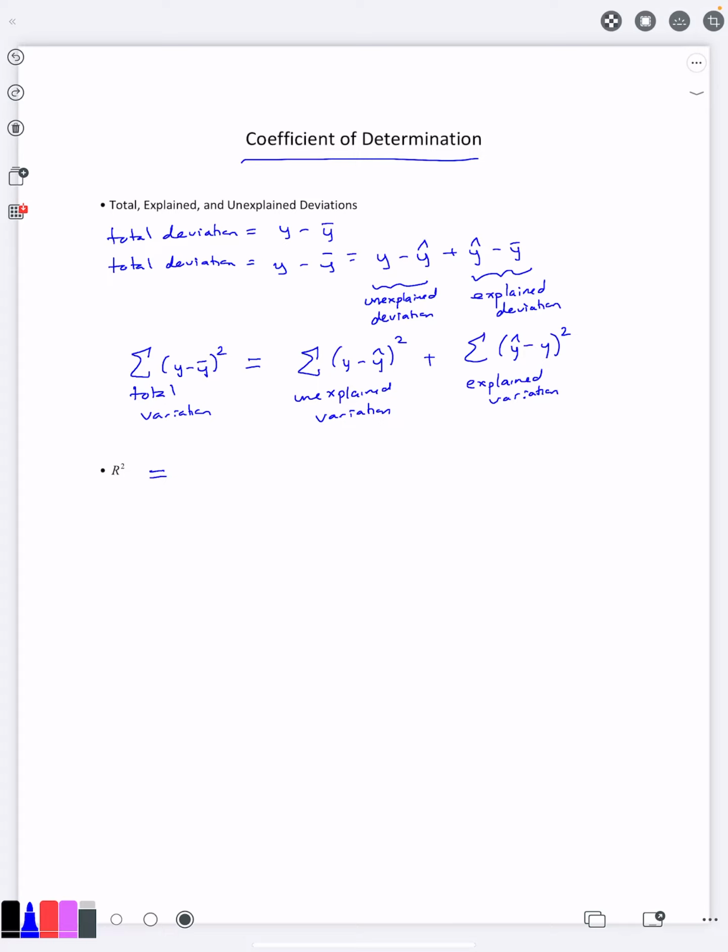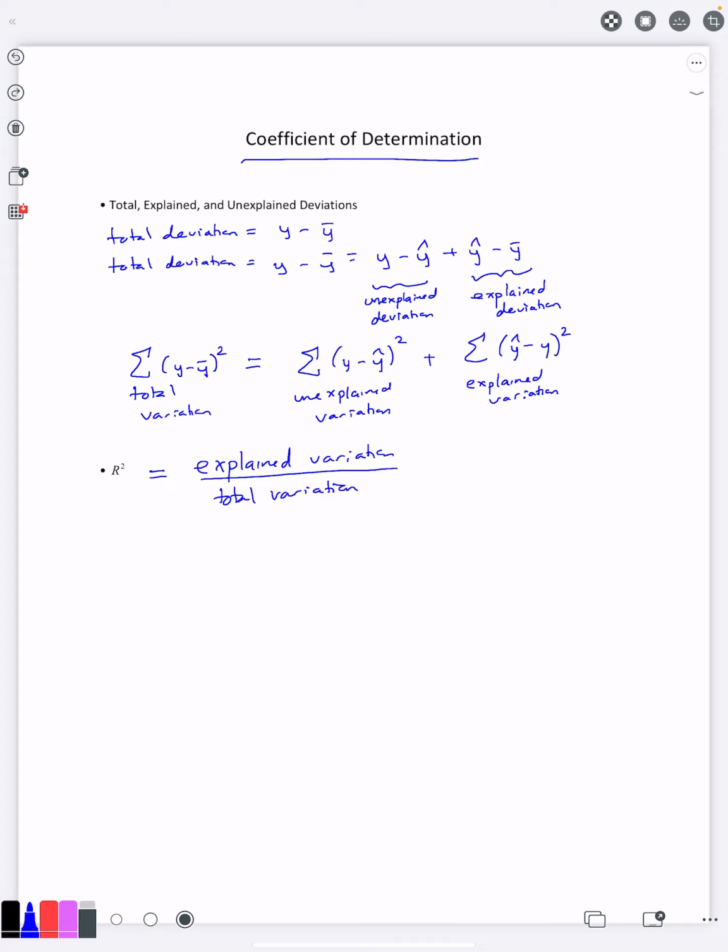It is defined as the ratio of the explained variation divided by the total variation. So this is saying what percentage of all the variation that you're seeing in your data is explained by the linear regression. And if this number is close to 100%, that means that we are explaining almost all of it based on our straight line.